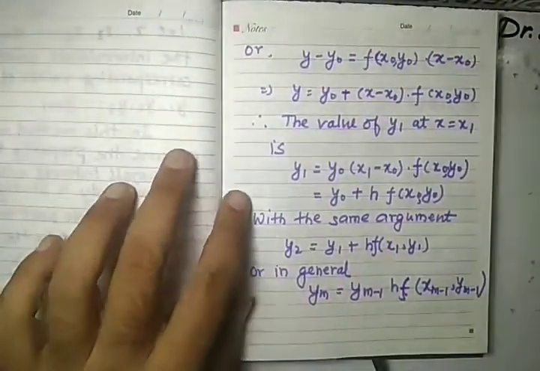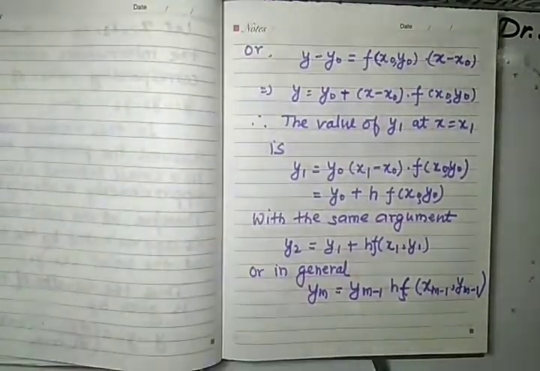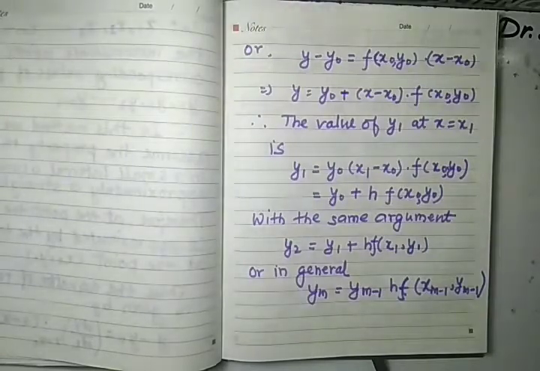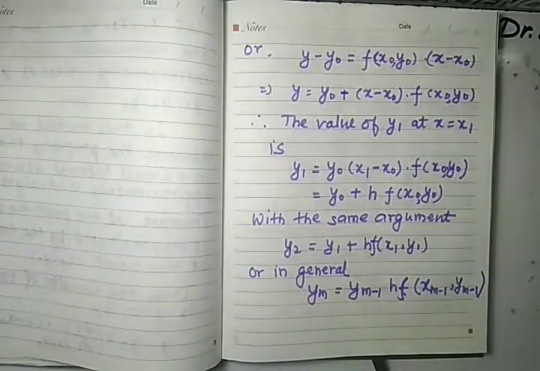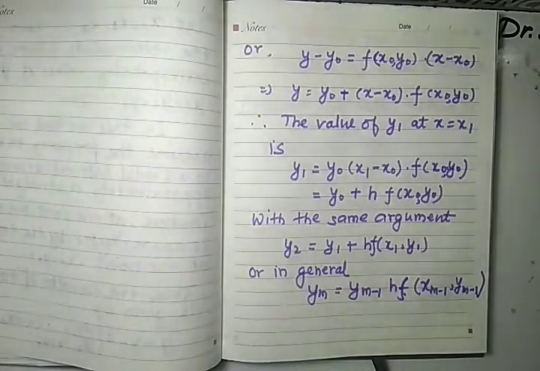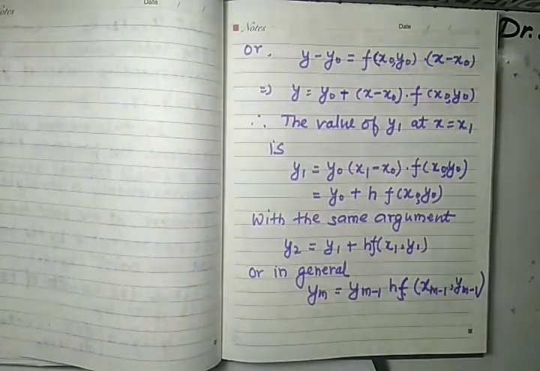Now, this can be written as y minus y0 = f(x0, y0) times (x minus x0), or y = y0 + (x minus x0) f(x0, y0).